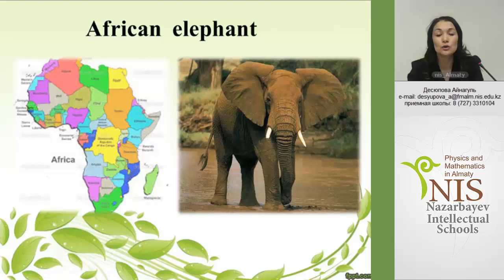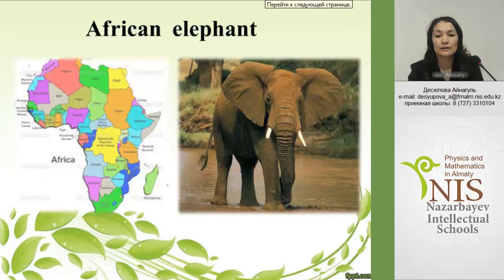But before talking about African elephants, I ask my students, of course, about Africa in general. So about its geographical position, about the type of climate, and then we'll talk about the biggest mammal in the world on land, about African elephants.